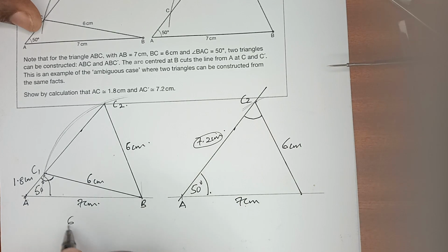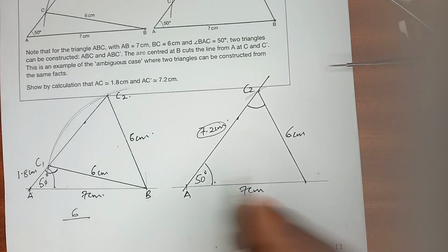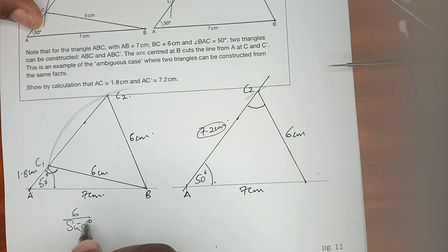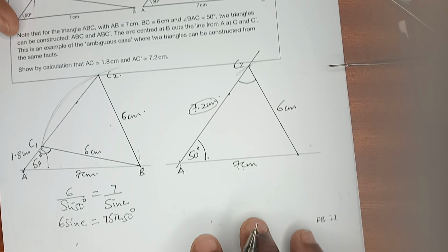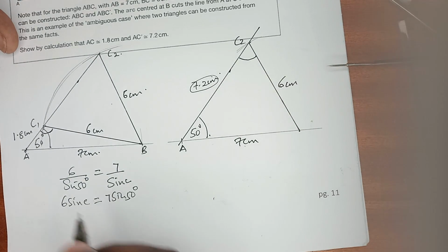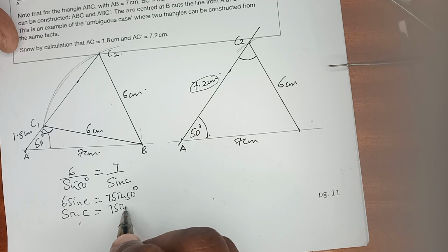Let us say 6 over the sine of 50 degrees is equal to 7 over the sine of C. And by this, we can already tell that for angle C, we have 6 sine C equals 7 sine 50 degrees. Having said that, we can already see that sine C is 7 sine 50 degrees all over 6.